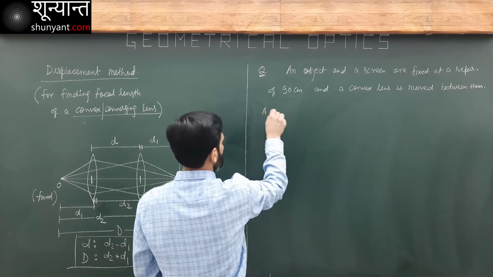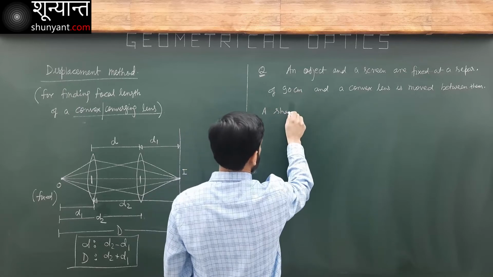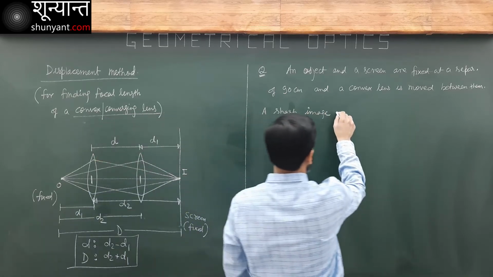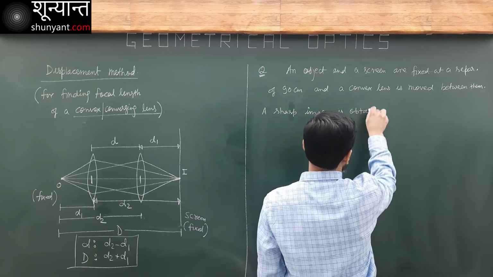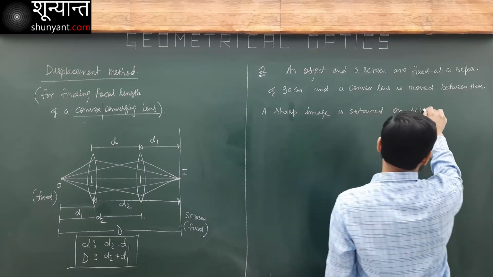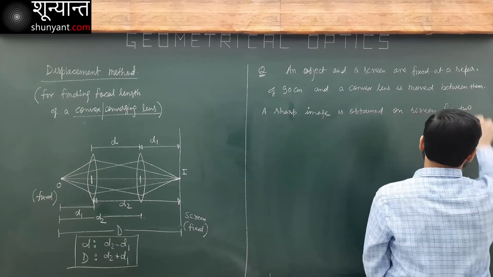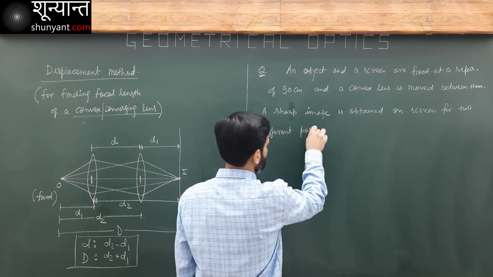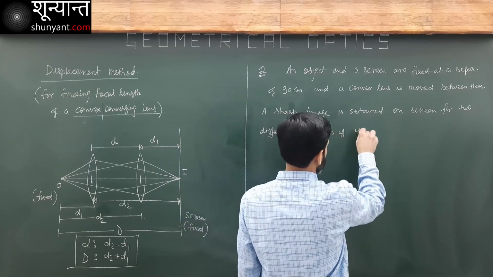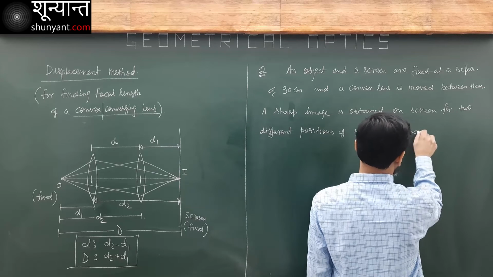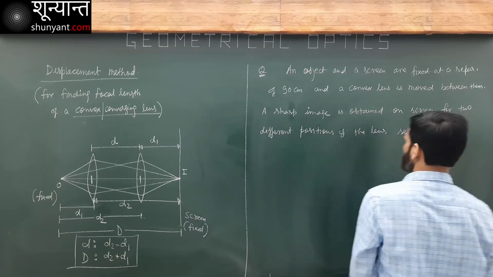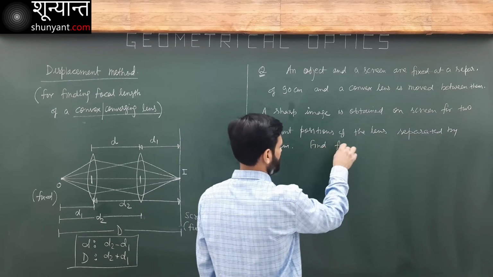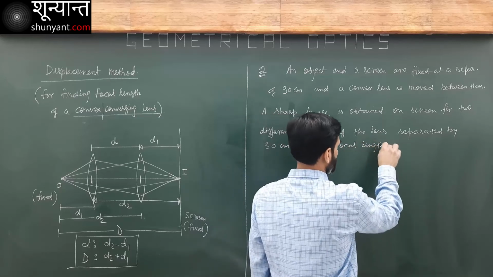A sharp image is obtained on screen for two different positions of the lens separated by 30 centimeters. Find the focal length of the lens.